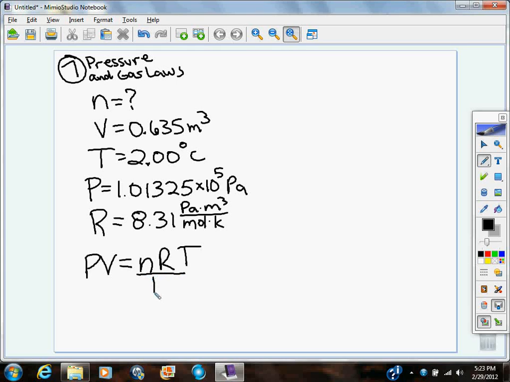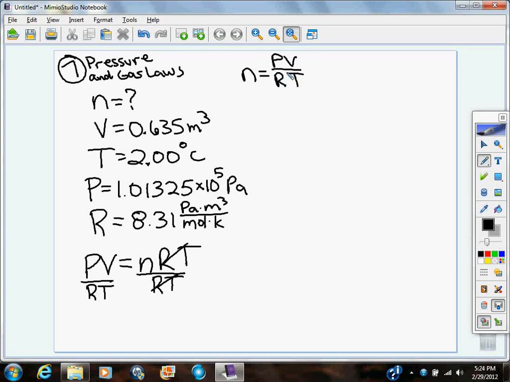So solving for n, I would divide by RT. This gives me n alone. So rewriting it, I get n equals pressure times volume over R, the constant, times the temperature.